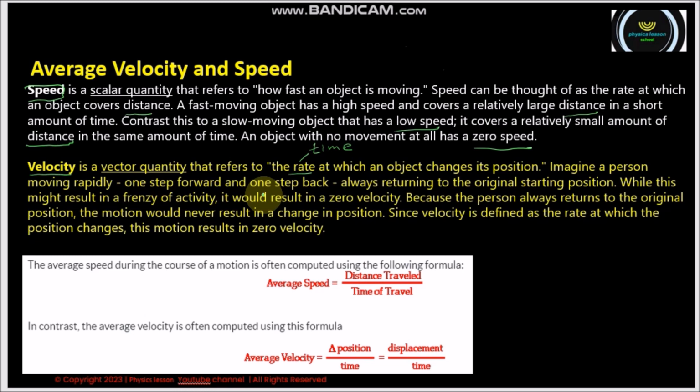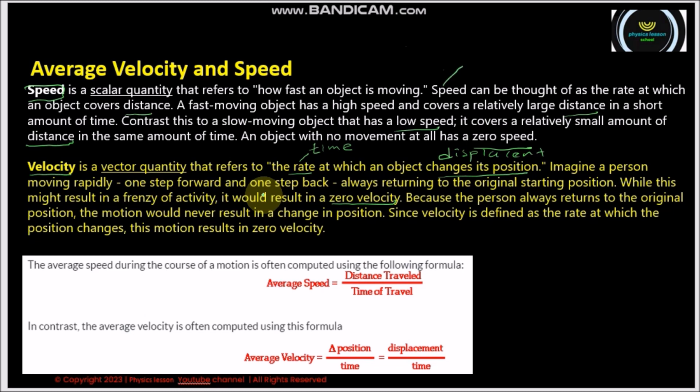Imagine a person moving rapidly one step forward and one step back, always returning to the original starting position. While this might result in a lot of activity, it would result in zero velocity because velocity is defined as the change in position. That means the change in position, the displacement.